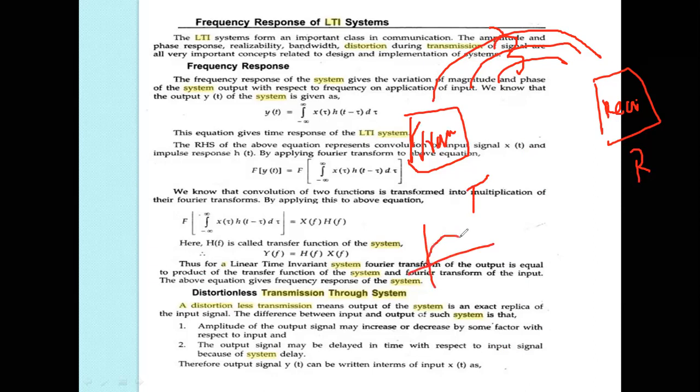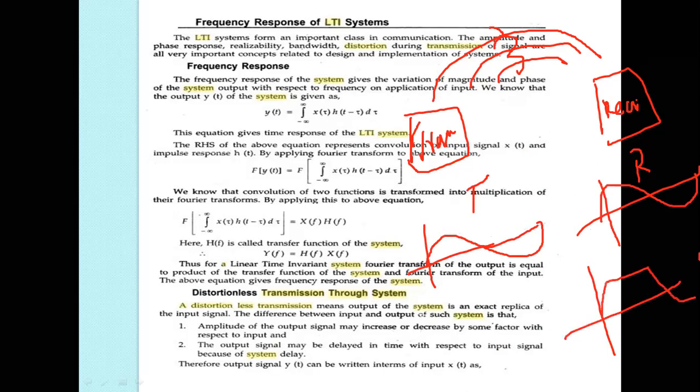Suppose I am sending a sinusoidal waveform. Distortionless means you have to get the same sinusoidal signal. Distorted means the waveform looks different, like this; there is a distortion.